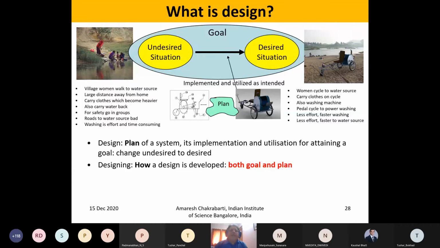So they don't design the goal. They only design the plan. Whereas in the case of designing, the students are supposed to design both the goal and the plan. So they should come up with a question paper and then they should come up with an answer to those questions. So both of them are important.